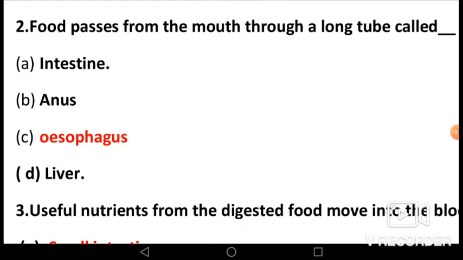Second is food passes from the mouth through a long tube called. The answer is esophagus. The process of digestion starts from the mouth and then broken down and chewed food passes from this long thin tube.